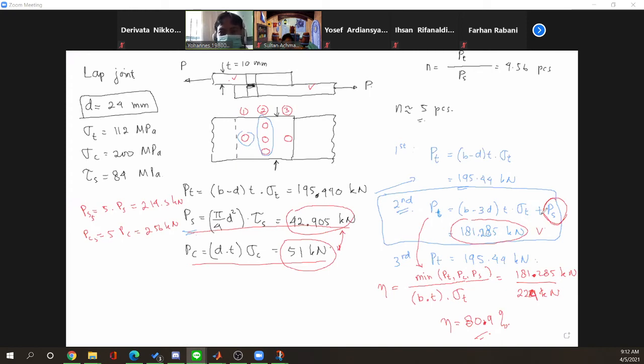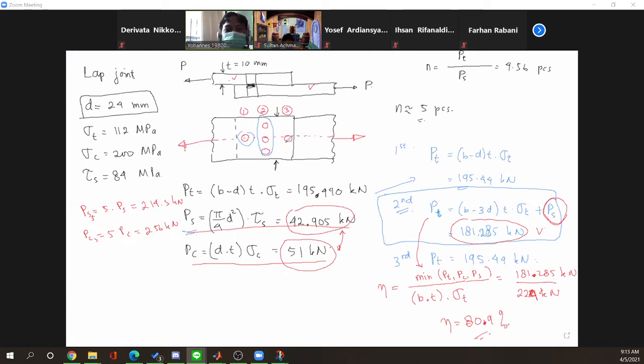If you don't have any other question about this kind of joint, then we will move to the next example, which demonstrates to us how to design the riveted joint with eccentric load. Okay, so in both examples, the load working on this joint is in line.